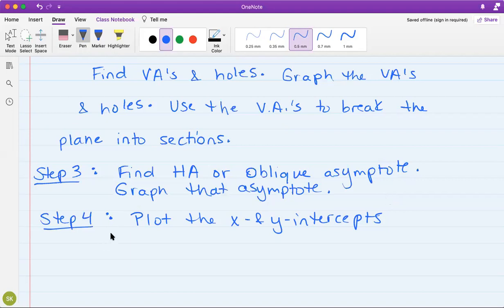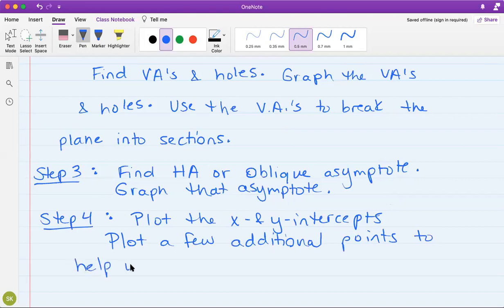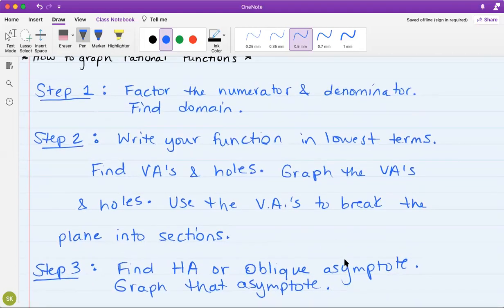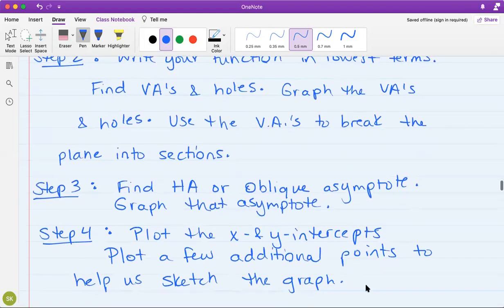And we're also going to plot a few additional points to help us sketch the graph. And I'll show you how to do that too. But these are the main steps. And while we do some problems, I'll walk you through each step and what we need to do, all the little pieces that we haven't written here, such as what points we need to pick and how we can sketch the graph from just a few points.